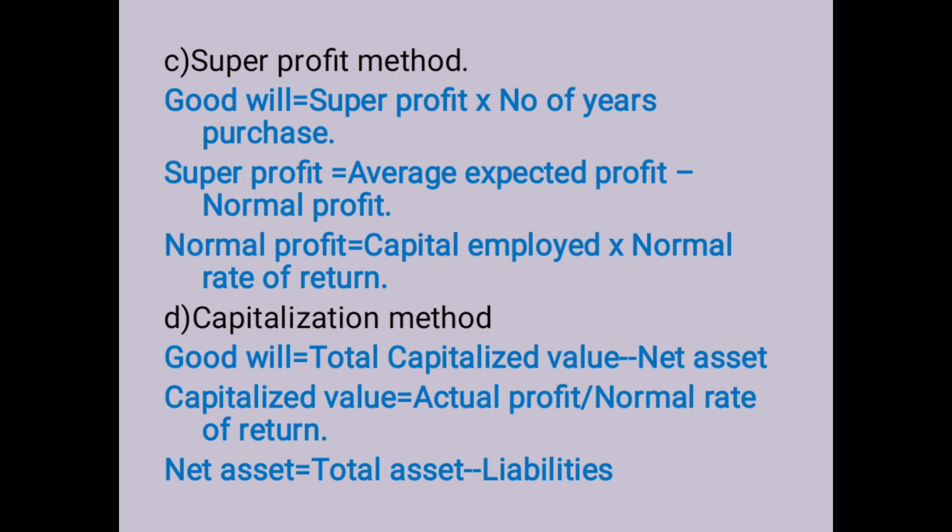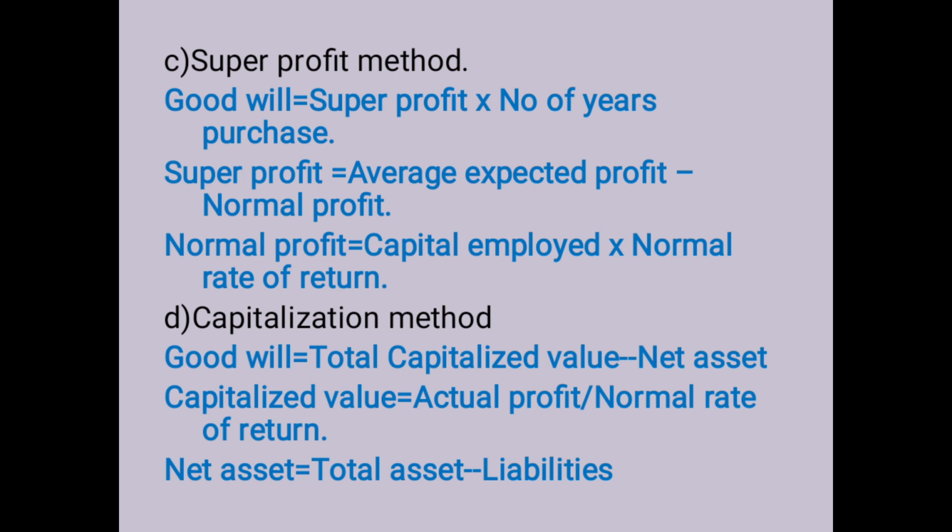The formula of the capitalization method: goodwill is equal to total capitalized value minus net assets. The capitalized value, or value of total investment, is equal to actual profit divided by normal rate of return.